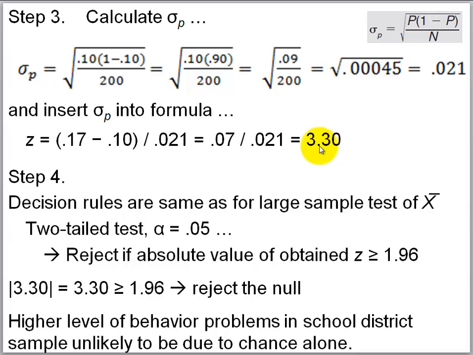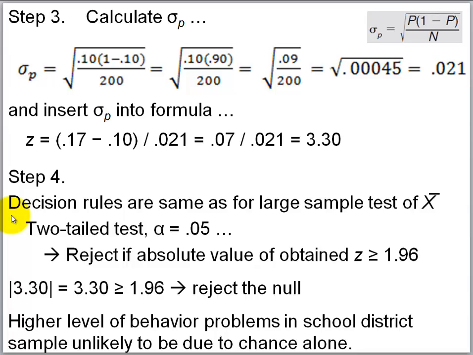Now step 4 is to make a decision on the hypothesis pair. It is the case that the decision rules for the one sample test of the proportion are exactly the same as are those for the large sample test of x bar.